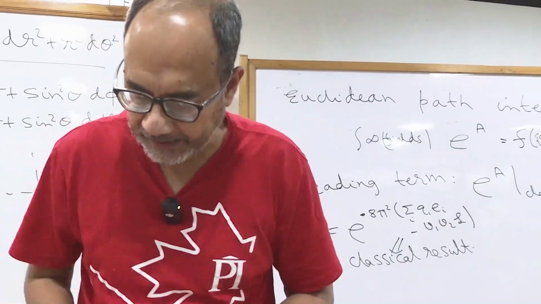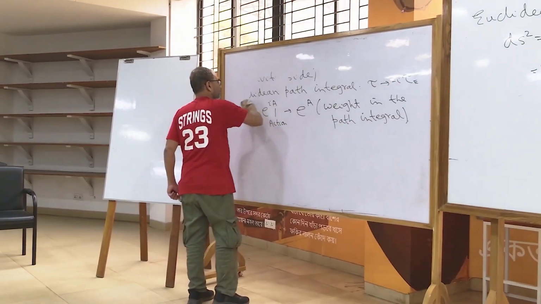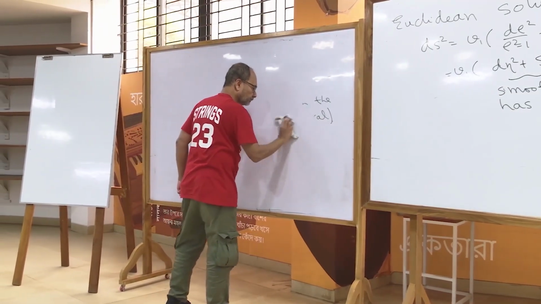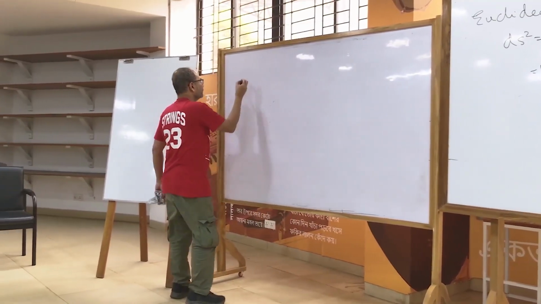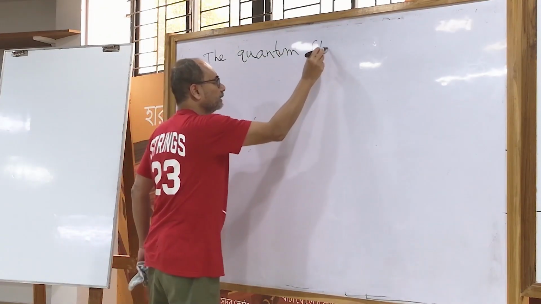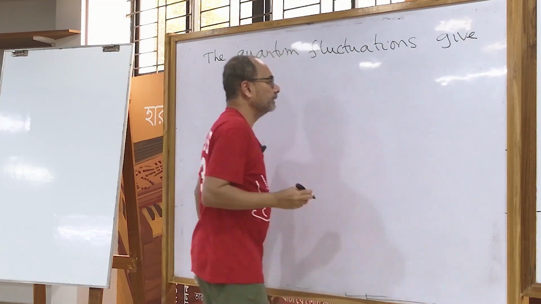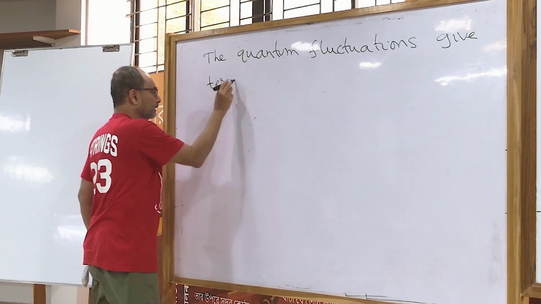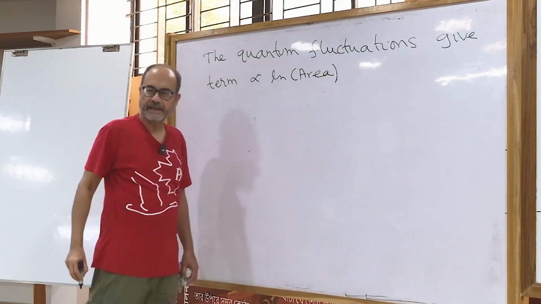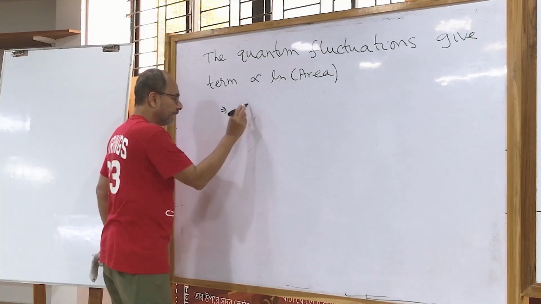And I'll just mention the result that the quantum fluctuations give terms proportional to log of area, where area is the area of the black hole horizon, and in particular this gives you this factor of minus 2 log n.